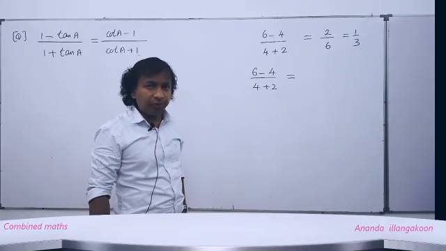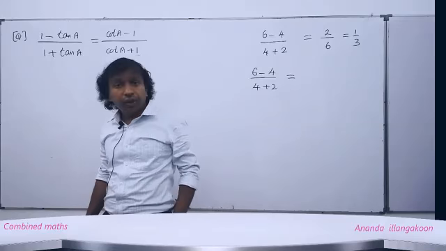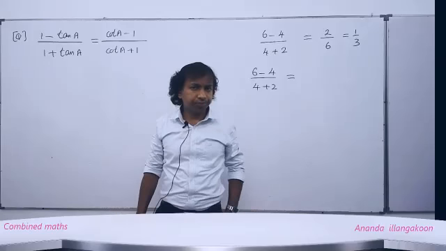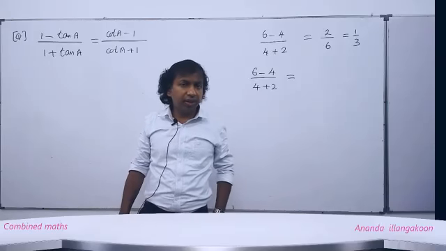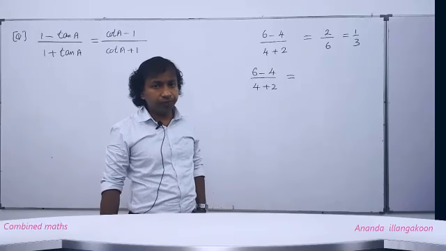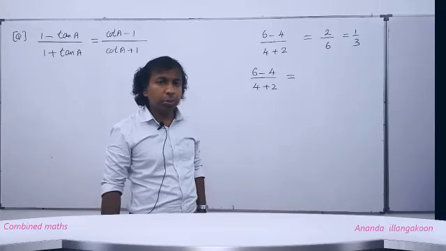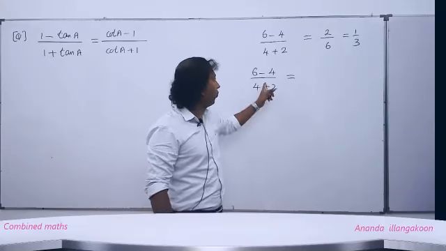Understood, people? Both numerator and denominator, all the terms, we can divide by a value. That value can be any value. In this case, to divide, we use the value 2. By 2, all these 4 terms we divide.